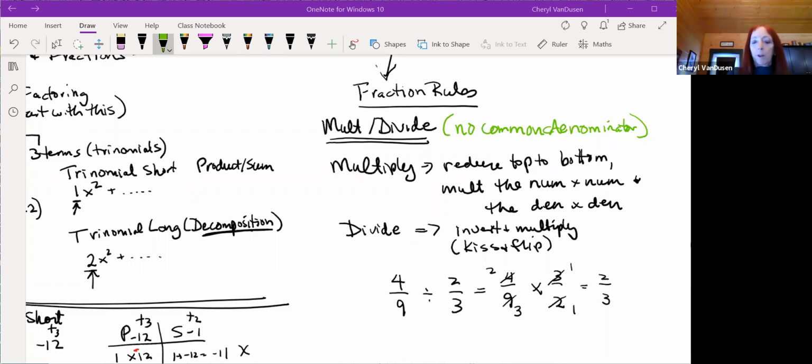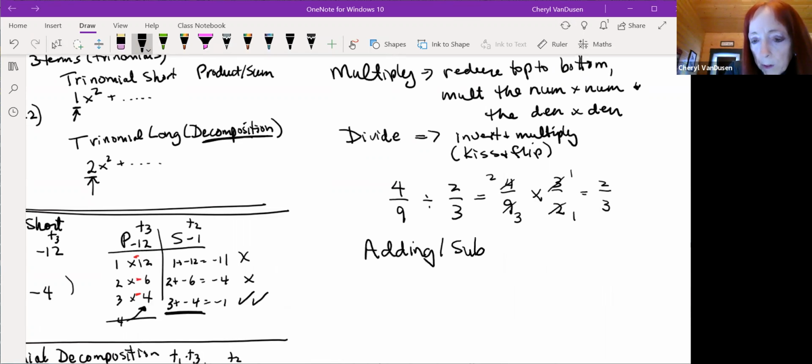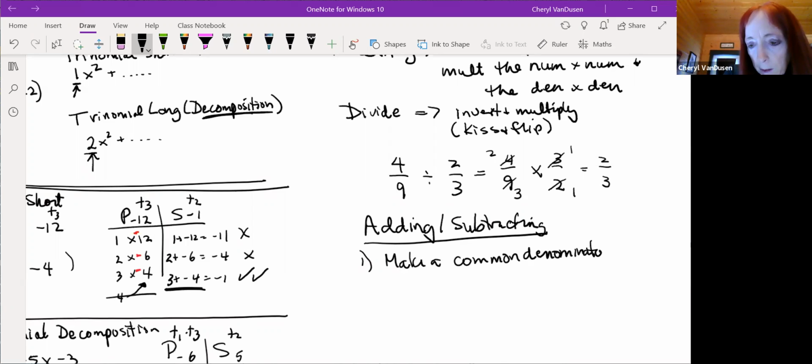Okay, now let's talk about adding and subtracting. For adding and subtracting, we can use just one set of rules across the board. Basically, what we have to do is make a common denominator, and then we have to find new numerators.